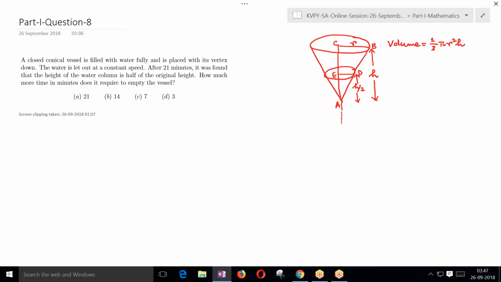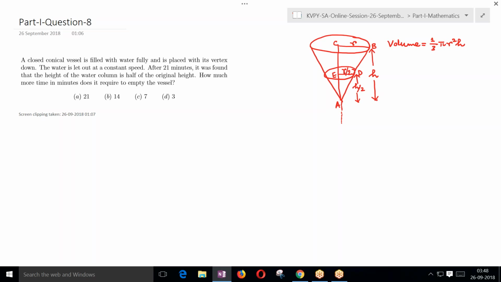As AC is equal to H and AE is equal to H by 2, and BC is equal to R, then ED should be R by 2, correct? Then how much water has actually flowed out in 21 minutes? That is the rate of outflow of water.